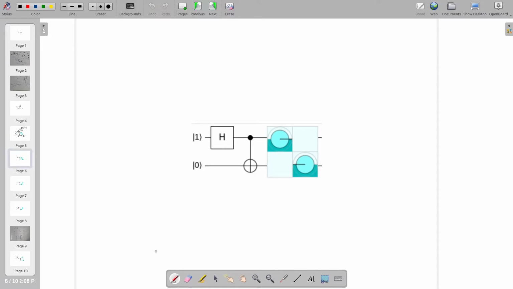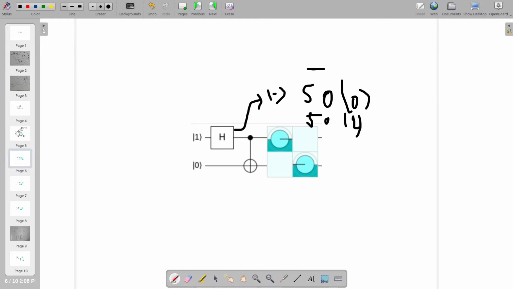Now moving forward, we take the same circuit, but now we have changed the input qubit. Now the input qubit is 1. We already know that when 1 goes to a Hadamard gate, it becomes 0 minus 1, which is nothing but we apply a minus to the previous value, so that it will also have the same 50% probability of being 0 and 50% probability of being 1. However, because the input is 1, the phases will be shifted, so we will have a minus.